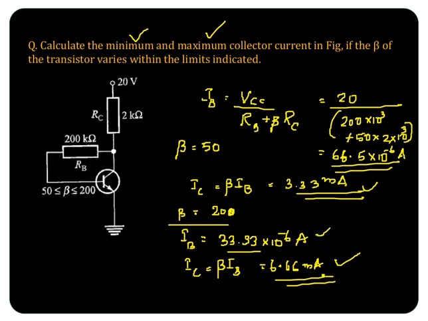And the collector current is becoming double. Collector current was 3.33 milliampere. Now it is doubled. Whereas in fixed bias circuit, if beta had increased 4 times, the collector current also would have increased 4 times, which means with change in beta there is an increase in collector current, but it is not as much as in fixed bias circuit.